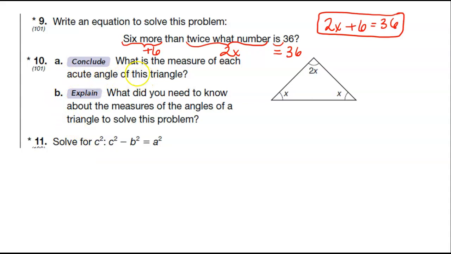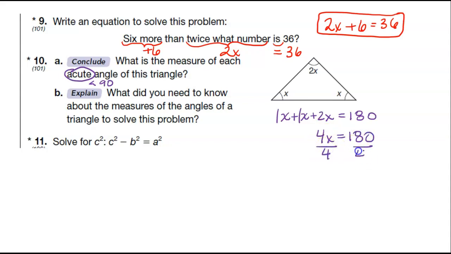Okay, 10a. What is the measure of each acute, so that means less than 90, angle of this triangle? So what I know is x plus 2x plus x is equal to 180. That means 1x plus 1x plus 2x is 4x, so 4x is equal to 180.